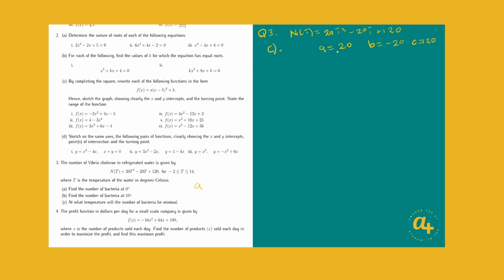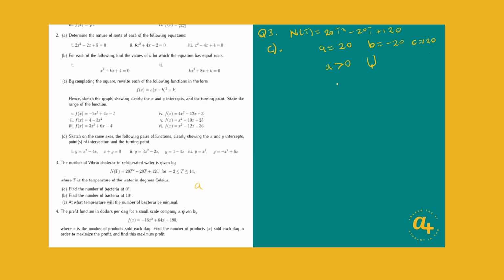When we look at a, the sign in front of 20 is positive, therefore a is greater than 0. When a is greater than 0, the graph of our function opens upwards, and when the graph opens upwards, the vertex is the lowest point of the graph. That's the vertex, the point in the middle of the graph.